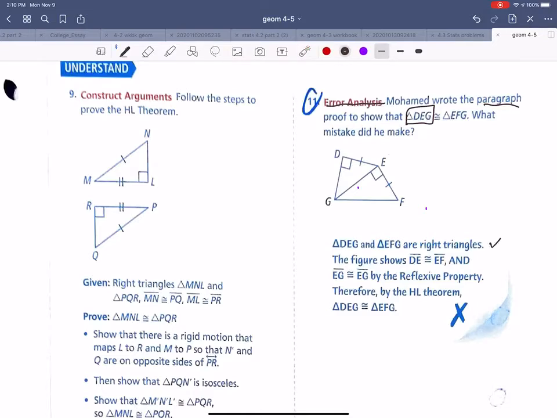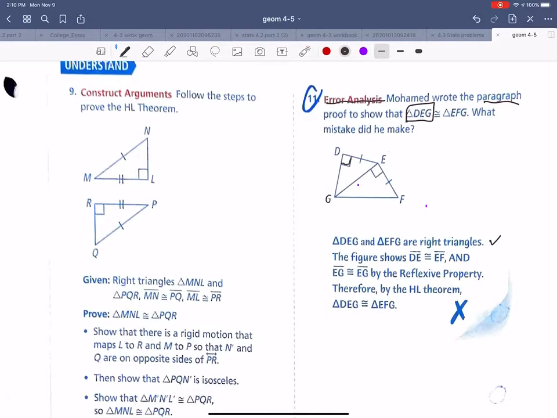I can confirm that both of these are right triangles because they both have a right angle. It says the figure shows DE is equal to EF. DE and EF, those are both legs, so there's nothing wrong there. That would be matching two legs. And then they're saying EG because of the reflexive property. So that would be another leg here that matches between the two.